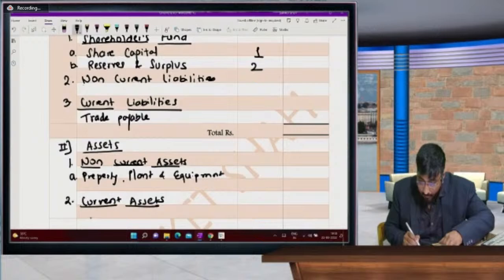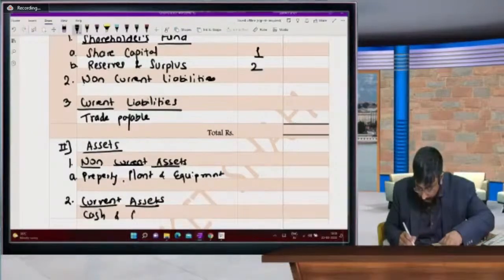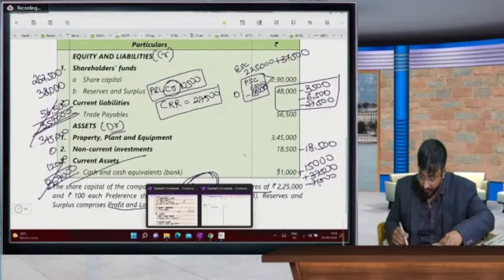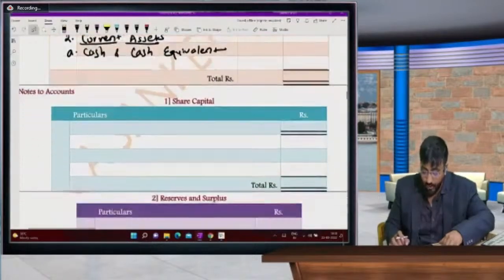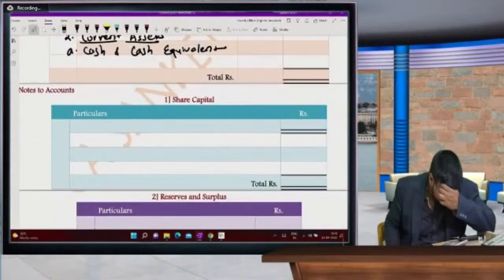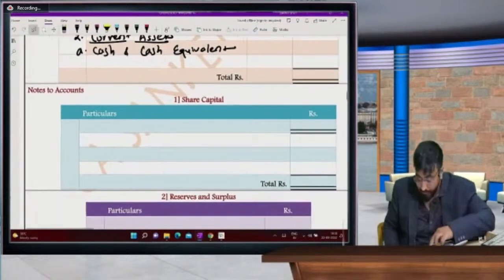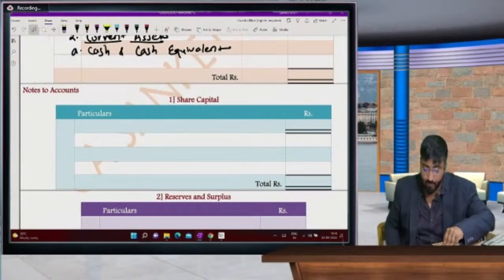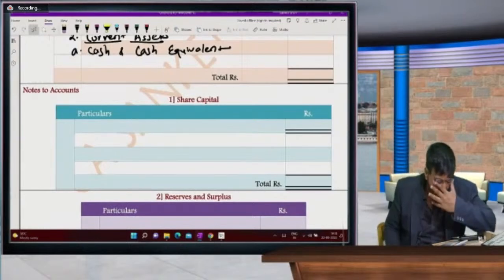Under that, cash and cash equivalent. Only relevant items, by looking into this. Total. Then notes to accounts. After the total, write notes to accounts.